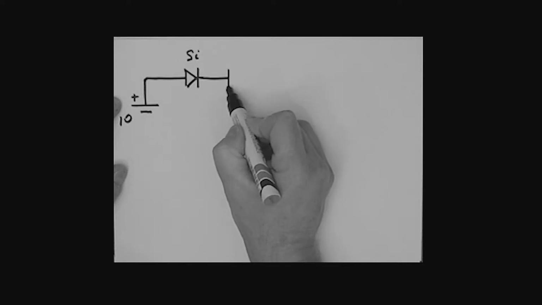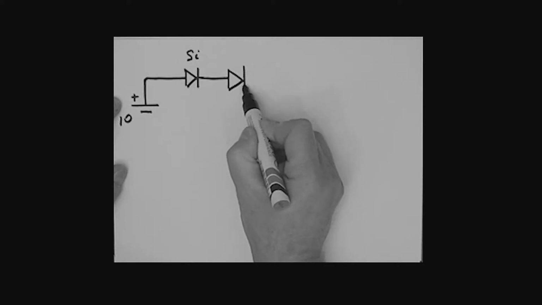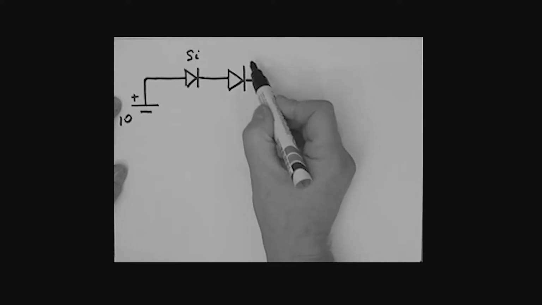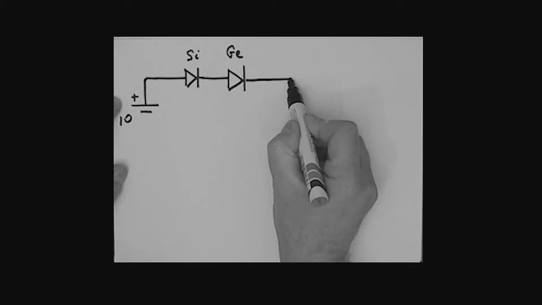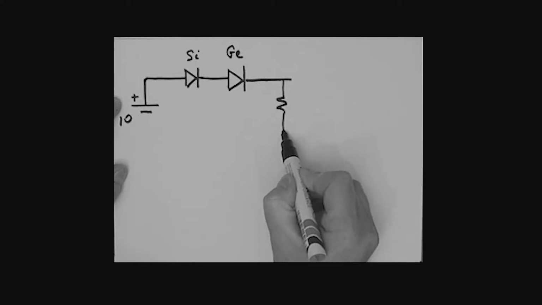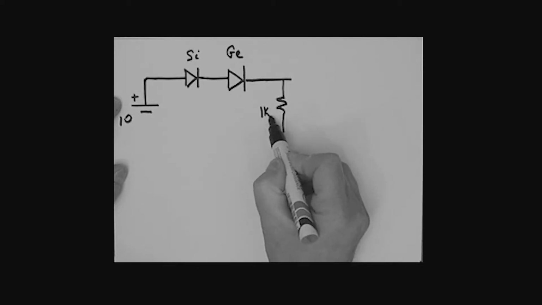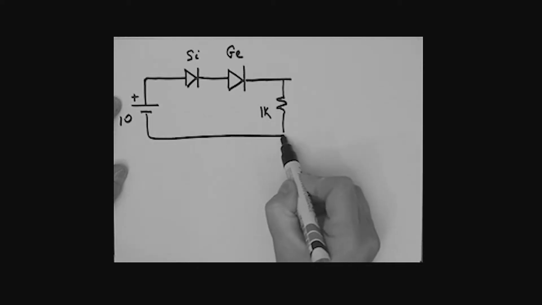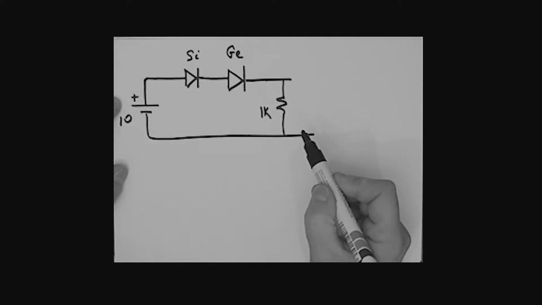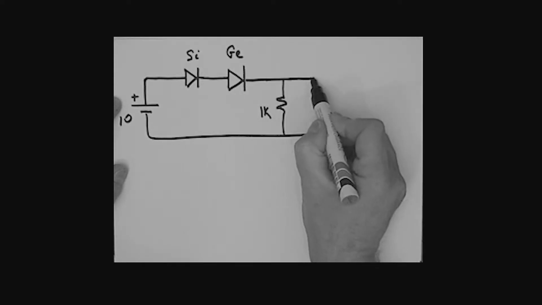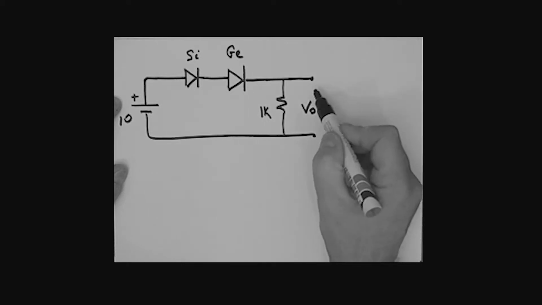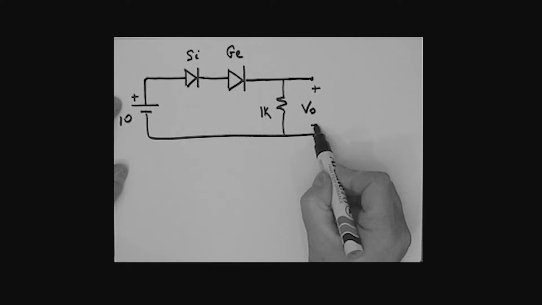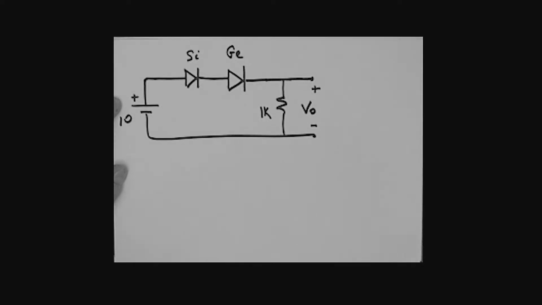This is connected to another diode, which we'll say is a germanium diode. And we've got a resistor here, which is 1K, and that is the circuit we wish to deal with. Our task is to find the voltage VO, which is across that 1K resistor.